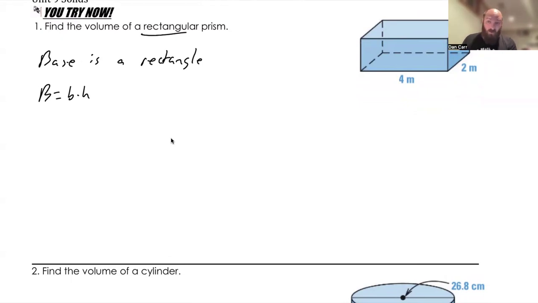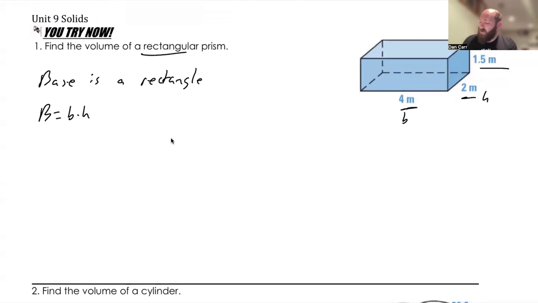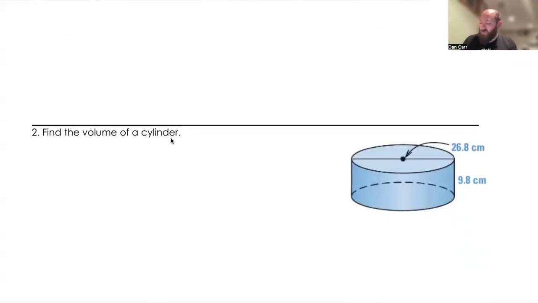Technically speaking, with a rectangular prism it doesn't matter which way we go, but I usually just go with the bottom as my base and height, so that'd be my B and H. That leaves us with 1.5 as the capital H here. I don't like how that was drawn. Let's do that a little better. H.